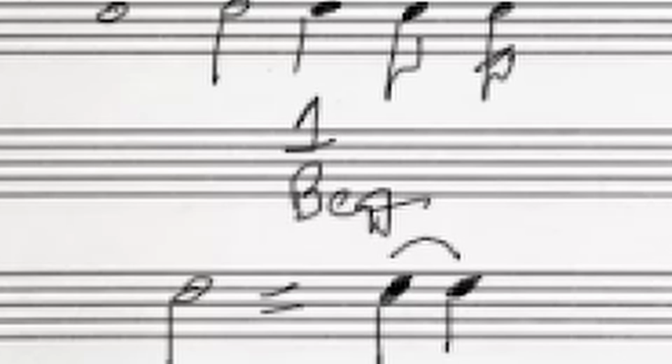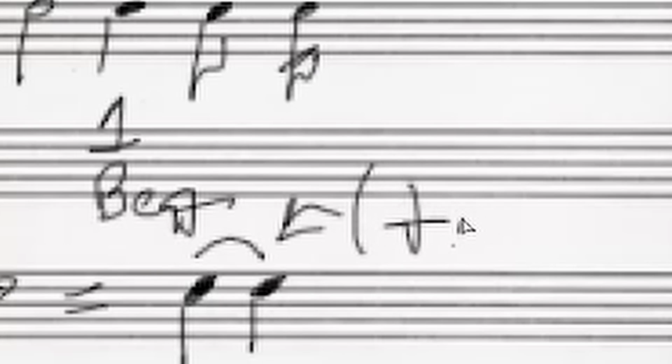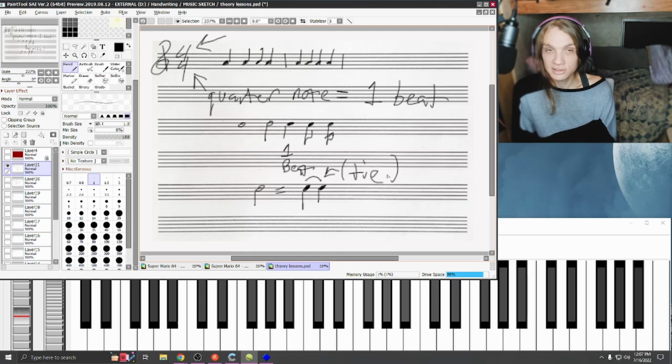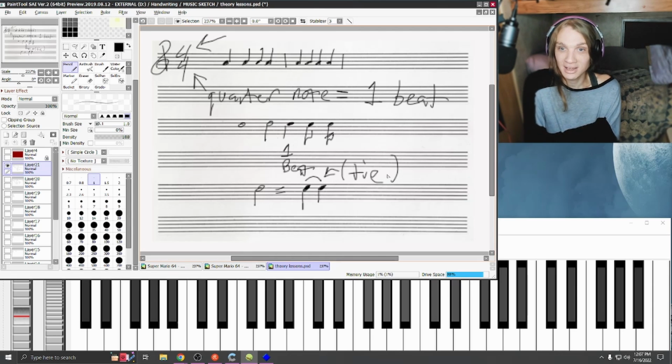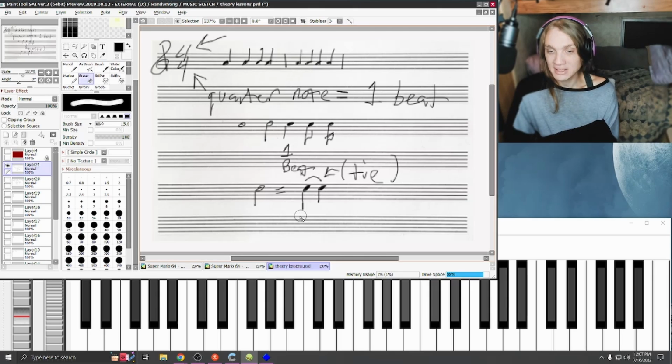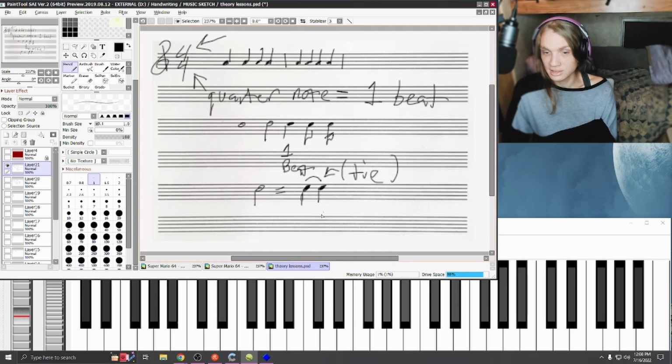And we will get into articulation and other symbols later, but this is called a tie. Not something that you wear to a concert. You basically combine 2 notes together on the same pitch to equal another note, a certain length.